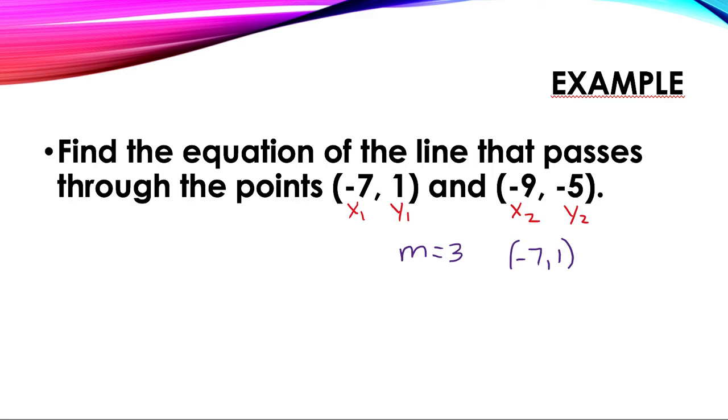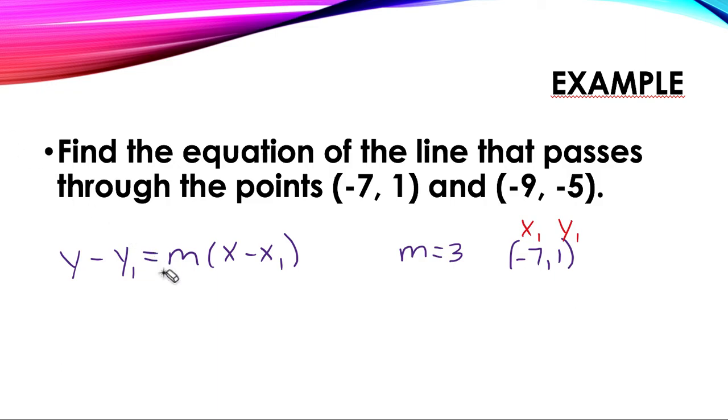All right, so I have the point and I have the slope, so I'm going to use my point-slope formula. And I'm going to plug in. So again, I'm just going to note that the -7 is the x1 and the +1 is the y1, and we have the slope.